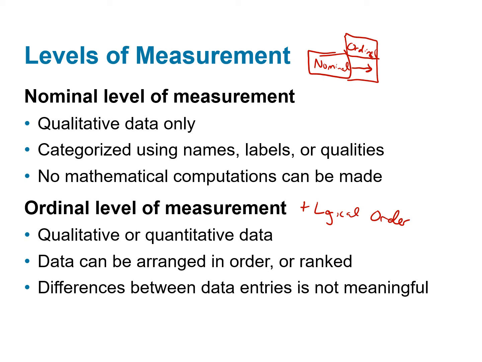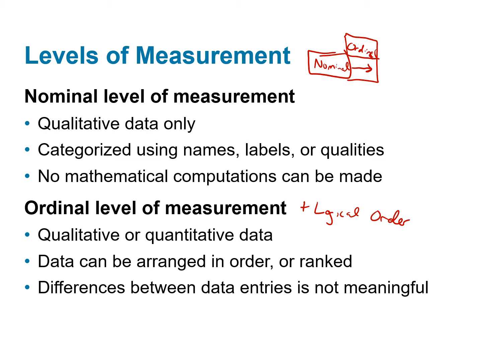Now, something important to keep in mind. We don't yet have meaningful differences between data entries. Even though it makes sense to say something is first, second, third, fourth, and so on, we don't know what's separating those values. For example, think of the rank of contestants in a beauty pageant. Whoever wins first and second place might have been a really close call.